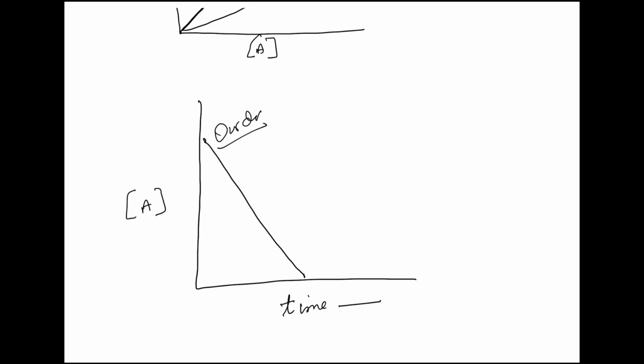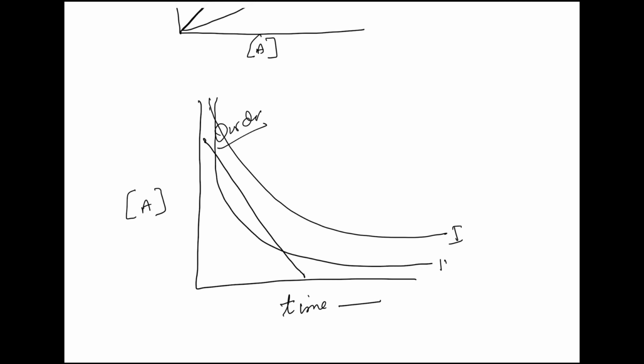In first order reaction, the decrease is like this. This is first order, and in second order it is more steep. This is second order.